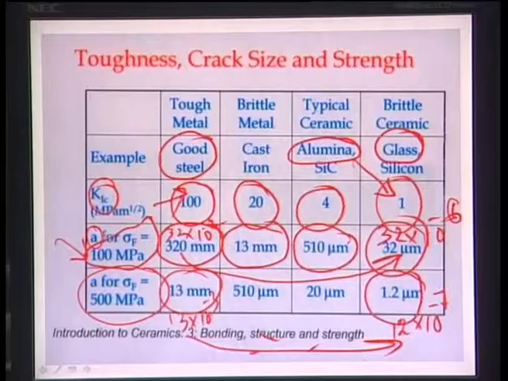The other thing that you notice is that if the fracture strength of the material is increased to a higher value, then the maximum tolerable crack length for any given material systematically reduces, from 320 mm to 13 mm. So the thing that I am trying to mention here is that by microstructural design you can always increase the fracture strength, but for brittle ceramic you can immediately see that you have opposing directions.